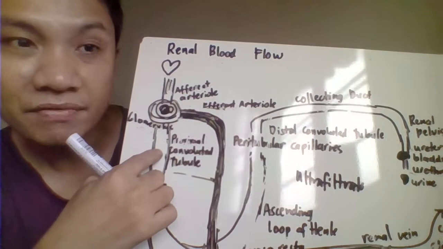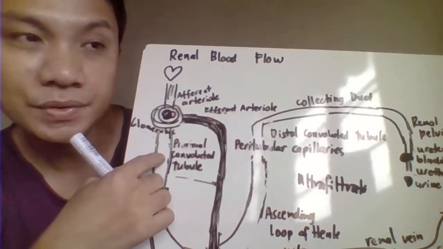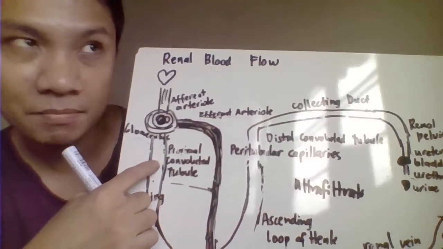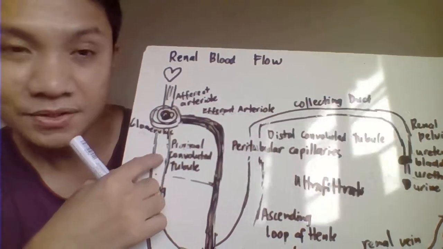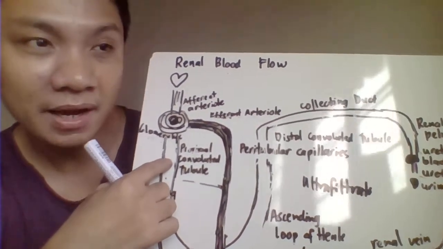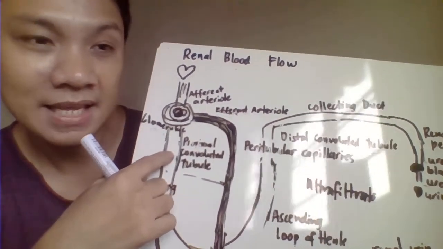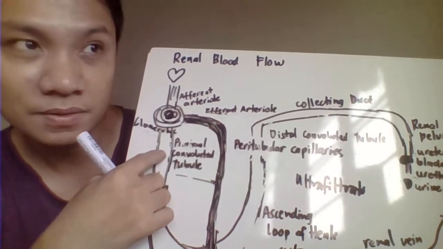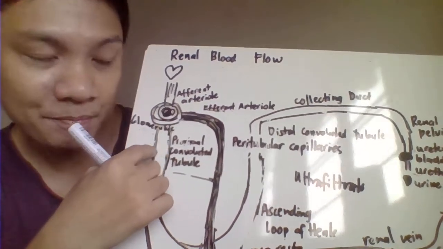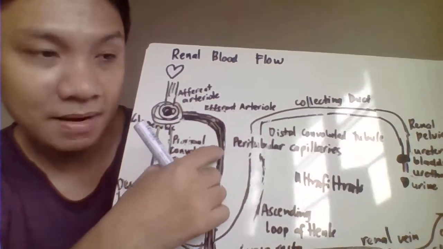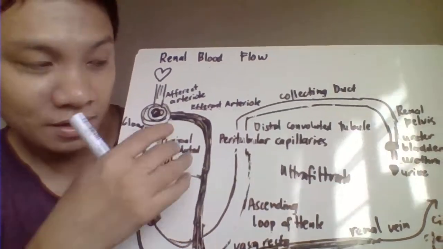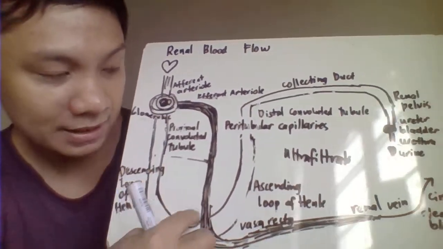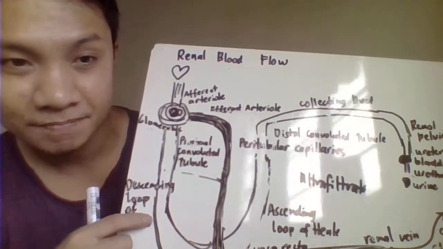However, if the concentration of the glucose in the blood of the patient, for example, is 160 lang, kaya pa rin siyang i-reabsorb ng ating proximal convoluted tubules. Pag na-reabsorb, babalik siya dito sa blood, so ang ihi natin, wala nang glucose.